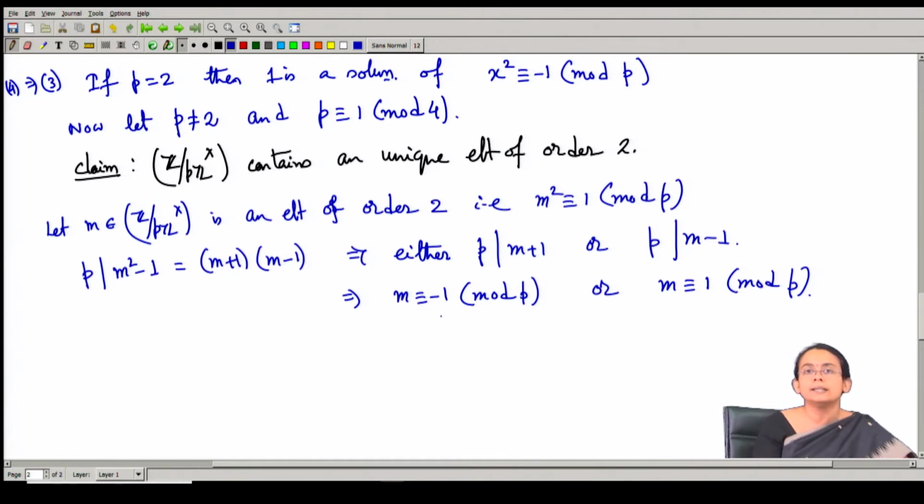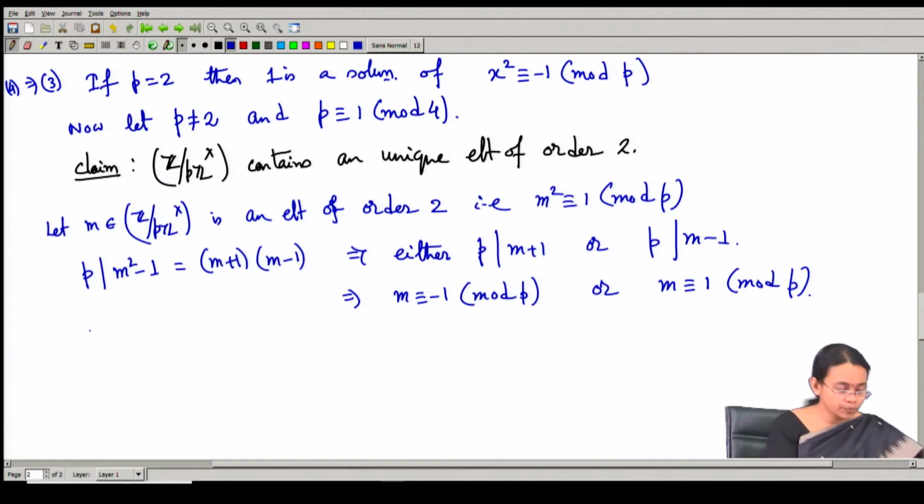So we see that there exists only one element of order 2 in (Z/PZ)^×, and that is nothing but minus 1 in Z/PZ.